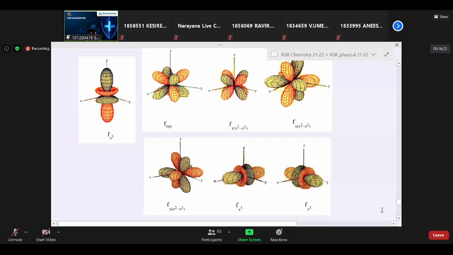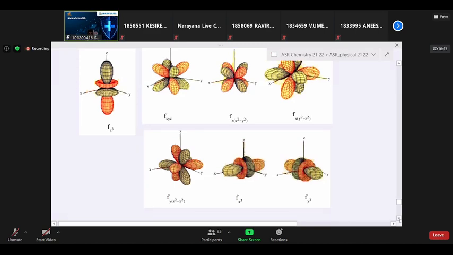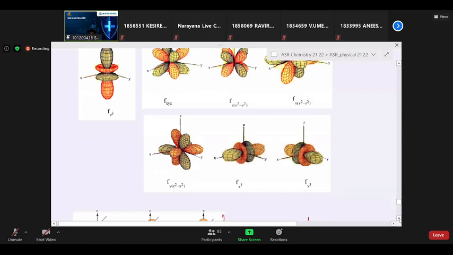Now let us go for the sign convention we commonly use for lobes of the p orbitals and d orbitals. We are going to introduce two words called gerade and ungerade. Some people read it differently, whatever you read it, no problem.